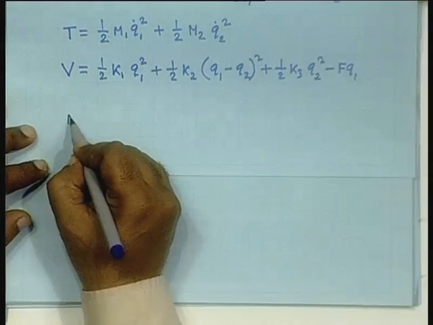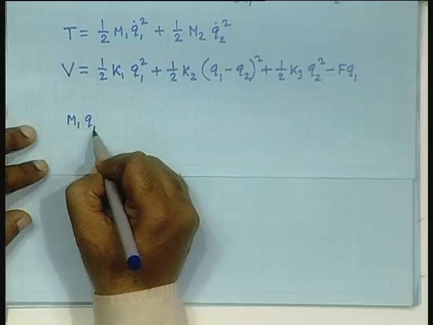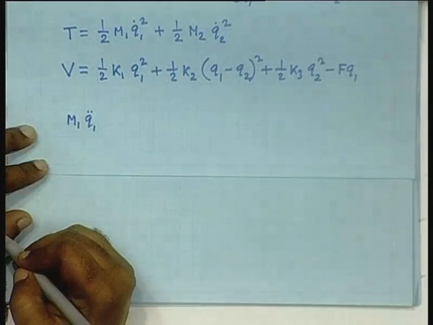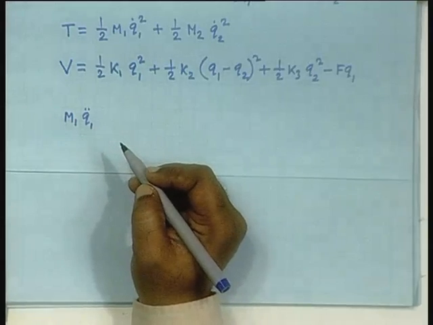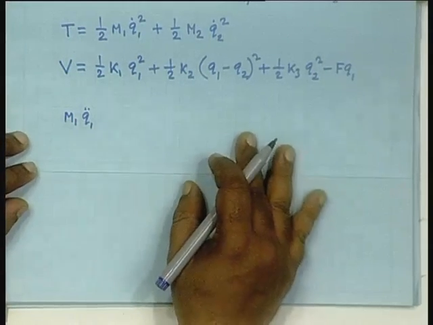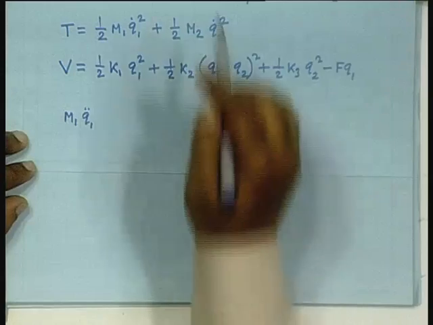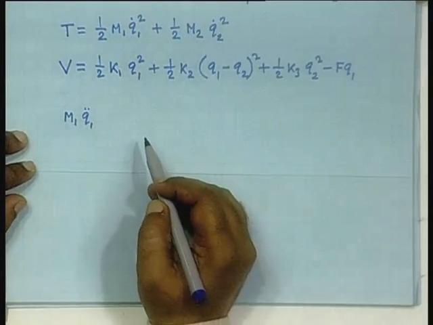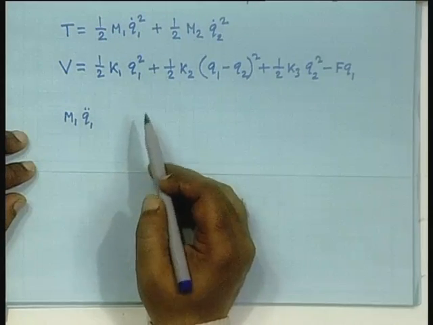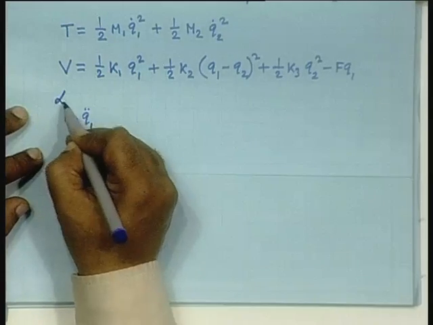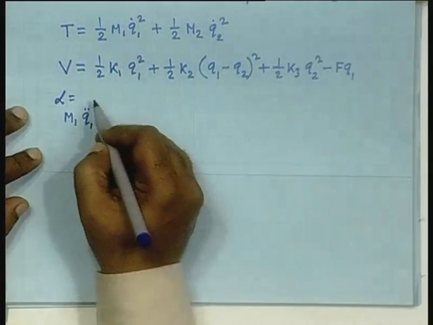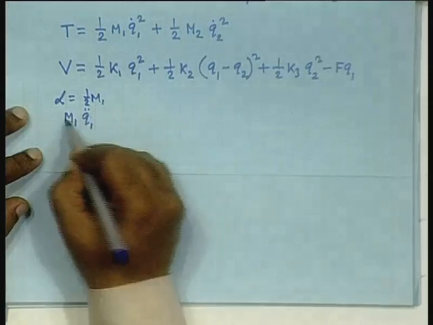So, m1 q1 double dot, that is the first term. The second term would be this, where I will be interested in, okay, let me write down the Lagrangian, else it becomes problematic. This minus this, half m1, right later.